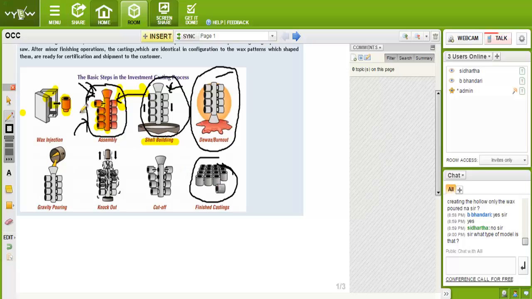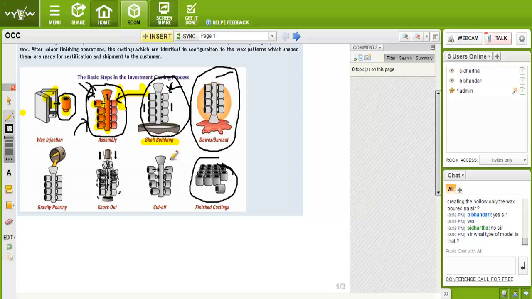We made this type of pattern from wax or plastic. Now assemble it on a stick and make a system. Now dip it in a solution, or you may say we build a shell. Suppose it is a solution of some ceramic.